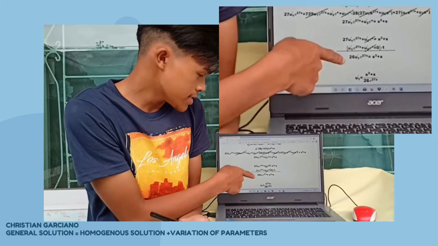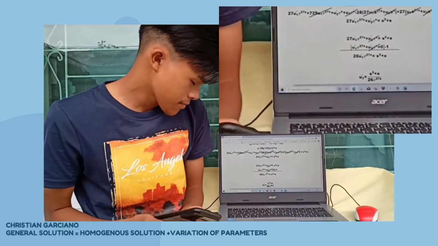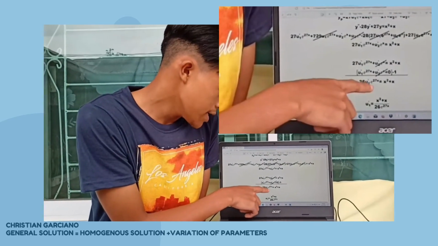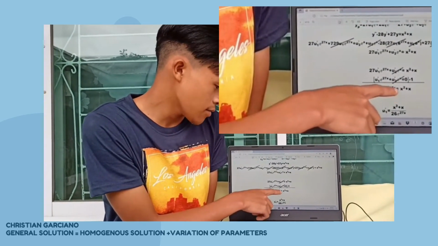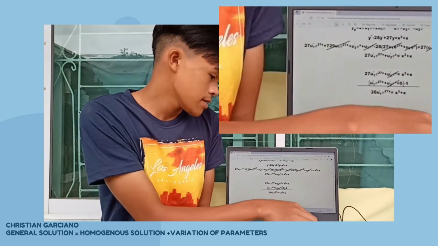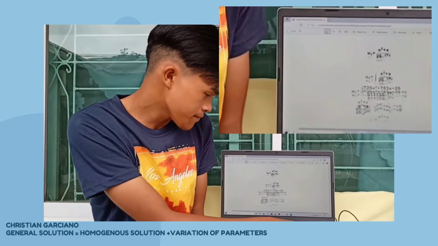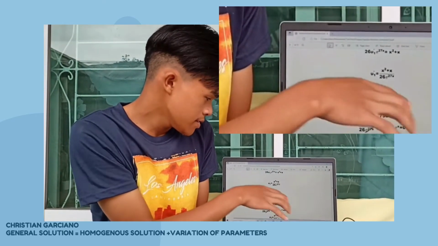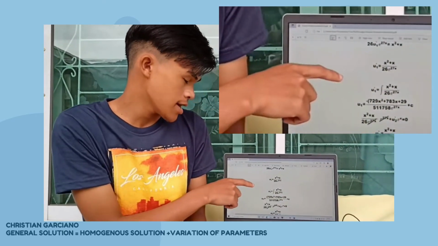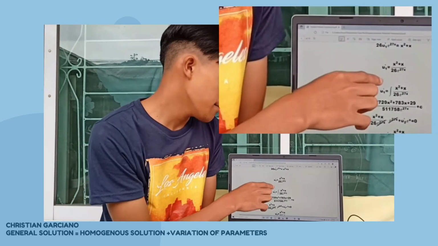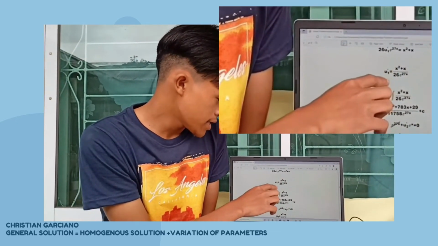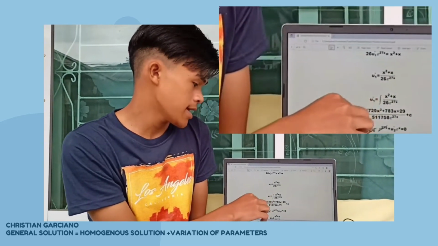So the answer is 26 u1 prime e^27x equals x squared plus x. And divide both sides, so u1 prime equals x squared plus x over 26 e^27x.